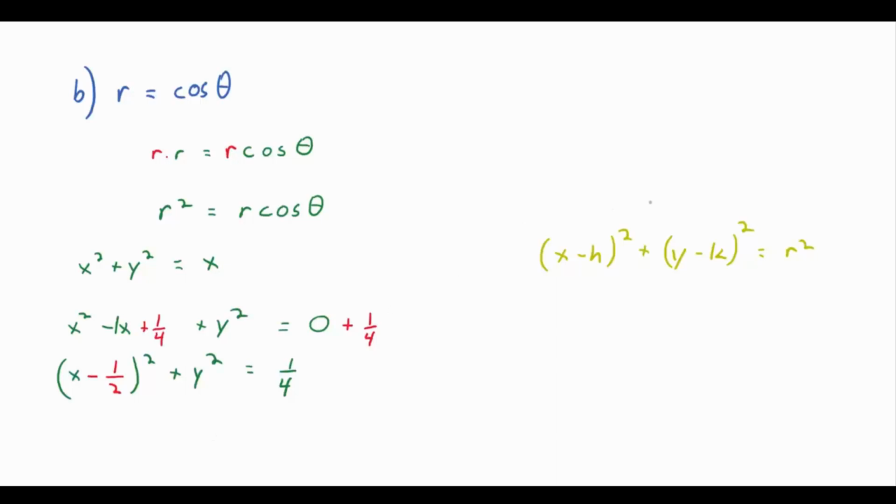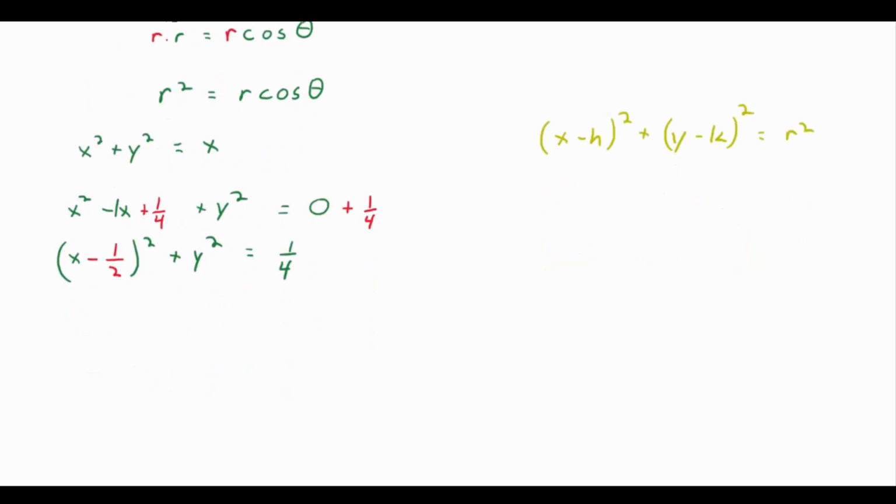In this case, what are h and k? 1/2 and 0. So the center of this thing is, capital C for center, 1/2, 0. h and k are 1/2 and 0.